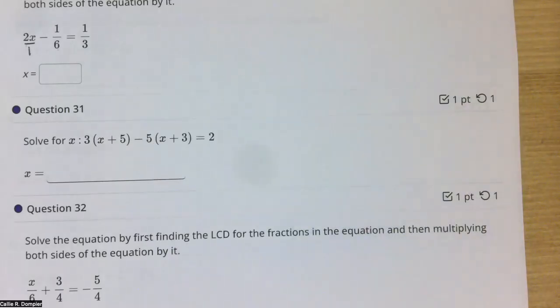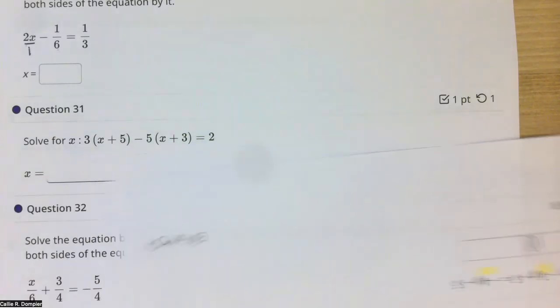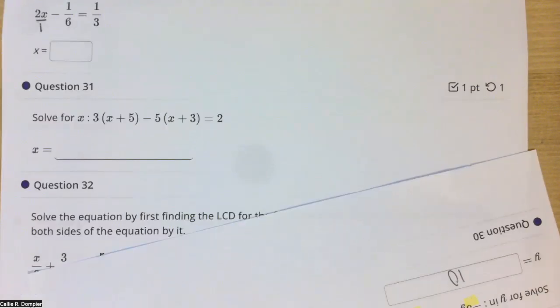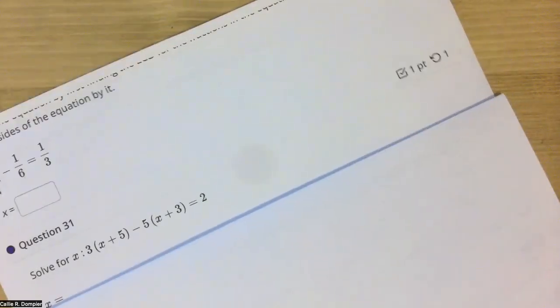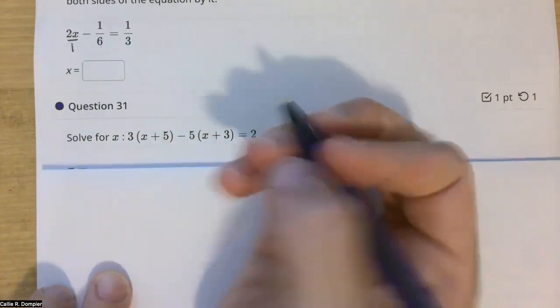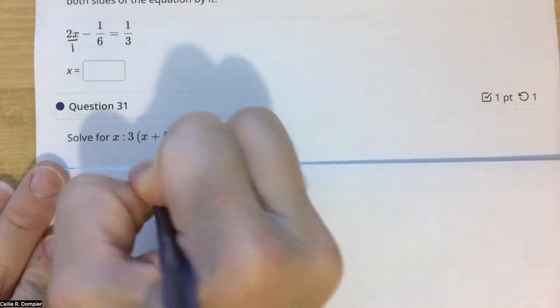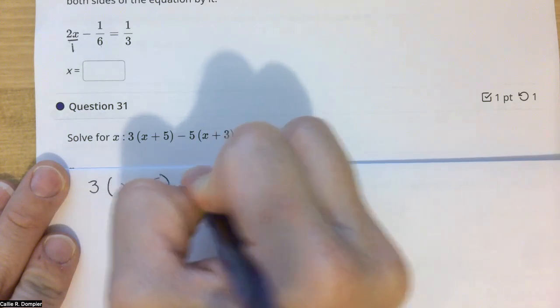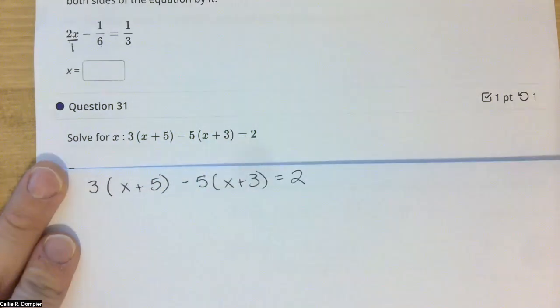Question 31, solve for x when we have 3 times the quantity x plus 5 minus 5 times the quantity x plus 3 equals 2. Good? All right, let's copy this down just in case we need extra space for it. All right, we want to solve for x.